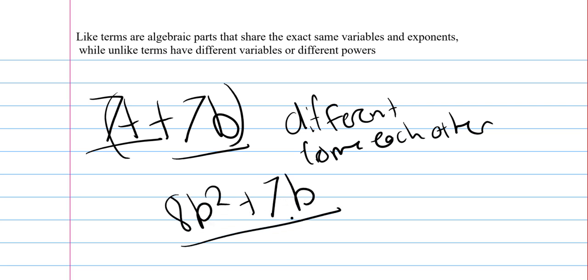This binomial doesn't have the same exponent; it has the same variable, but the exponent is what makes them different from each other. So they're unlike. That's all you need to know for this video, I hope you learned something, and maybe in the next video I'll provide practice questions. Bye bye.